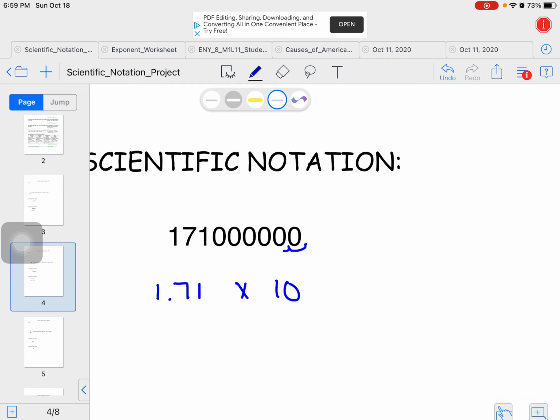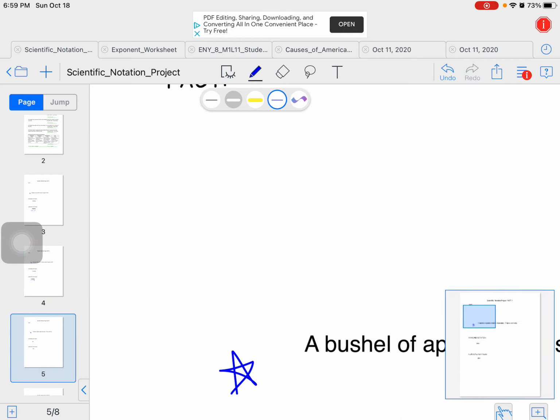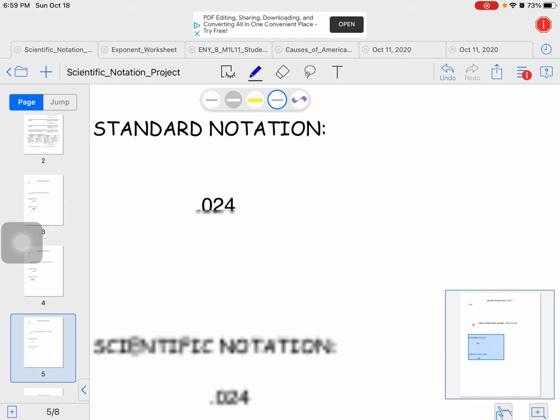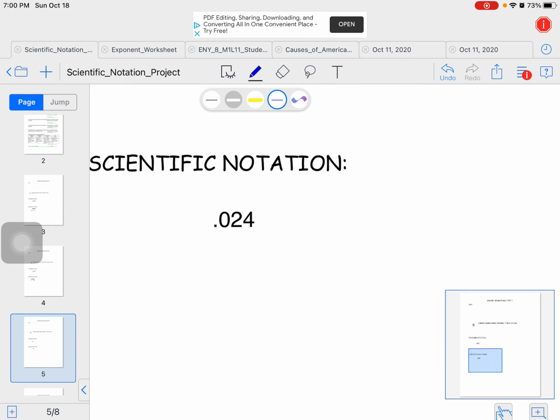It is 1, 2, 3, 4, 5, 6, 7, 8. Again, I'm stopping when I have 1 digit, and then the others can be behind. I swooped 8 times.